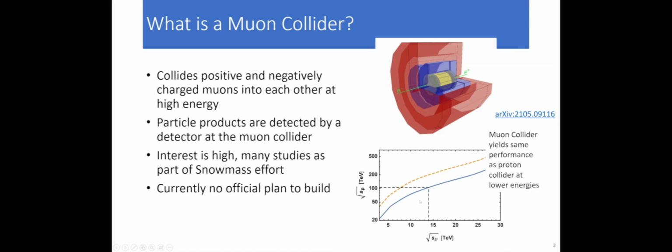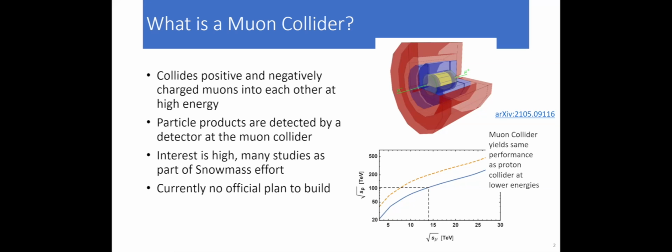On the X, you see the Muon energies, and on the Y, you see proton collider energies. So at a much lower energy, you get the same process happening. Essentially, you're getting more bang for your buck with the Muon collider.